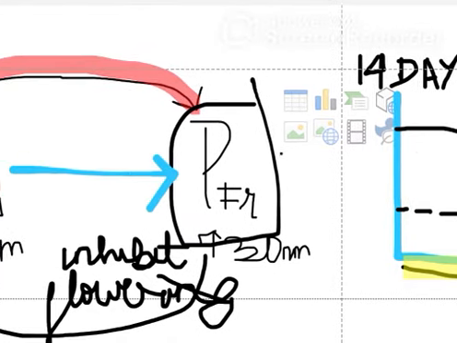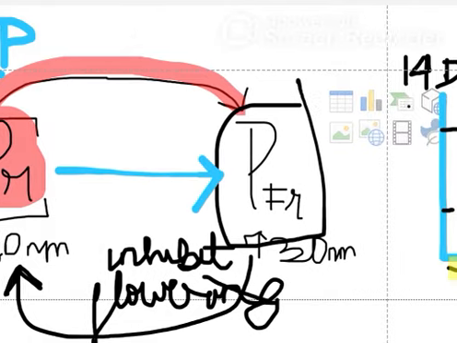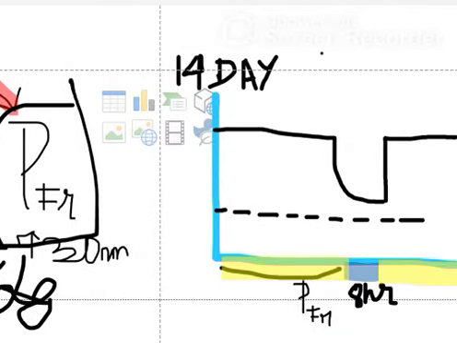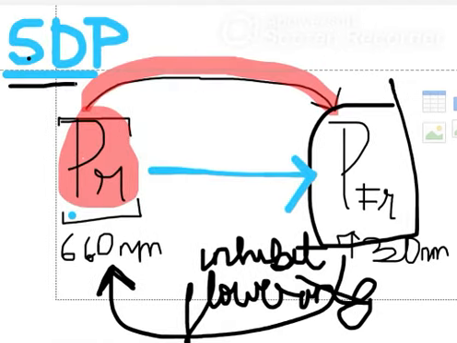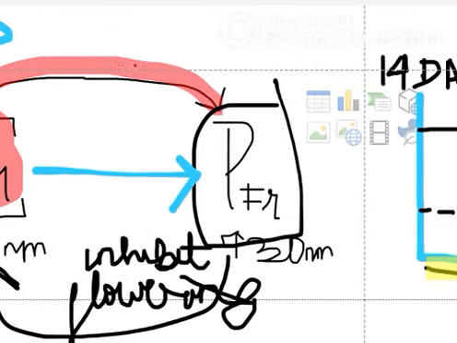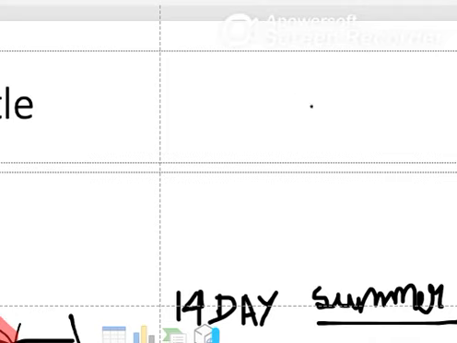It inhibits flowering. But this is talking about summer, when there are longer days and shorter nights. Since it is a short day plant, what is a short day plant? A short day plant is a plant which produces flowers in winter, right? So let's see what happens in winter. I will show you the scenario in winter.